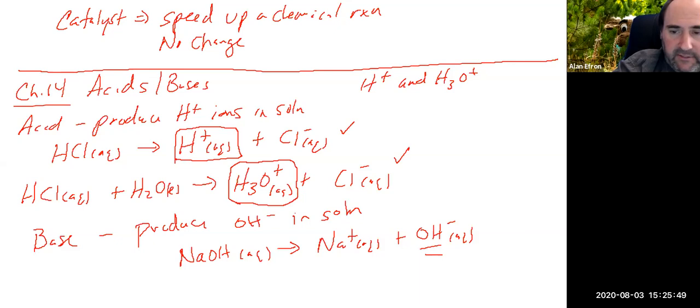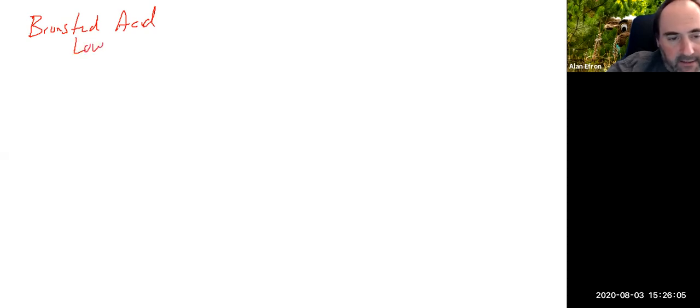Now, a more generic definition of acids and bases is the one that we talked about, and that was, for example, our Bronsted-Lowry acid and base.